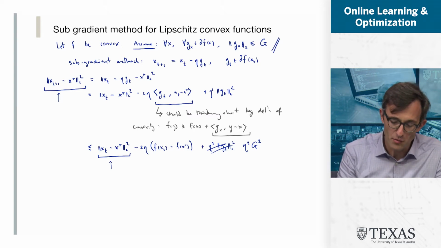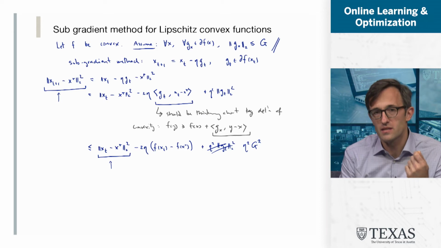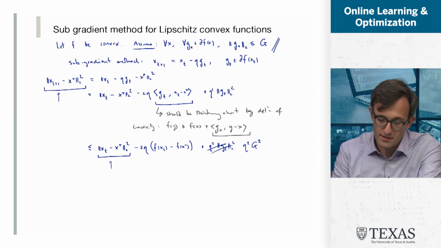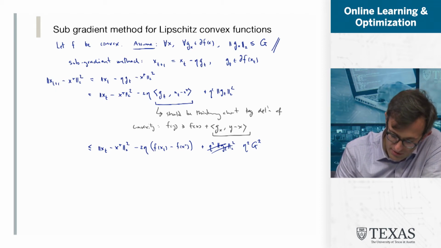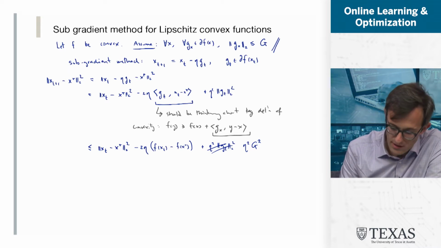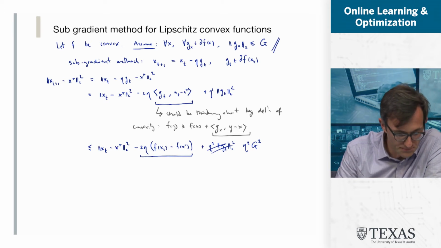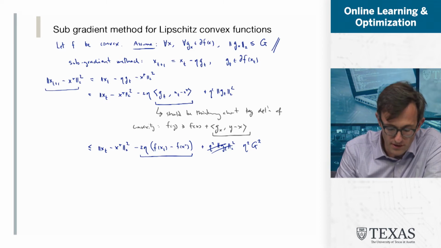Whenever we see 2 terms that look like this, it should make us think about the possibility of forming a telescoping sum. So let's do that by rearranging this inequality and seeing what we've got. I'm going to move this term over to the left, and I'm going to move this term over to the right of the inequality.